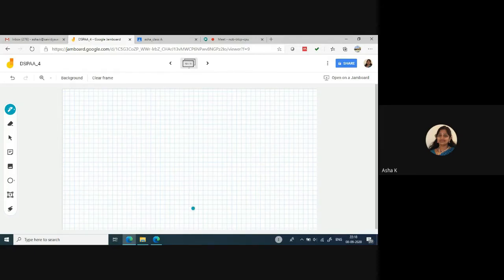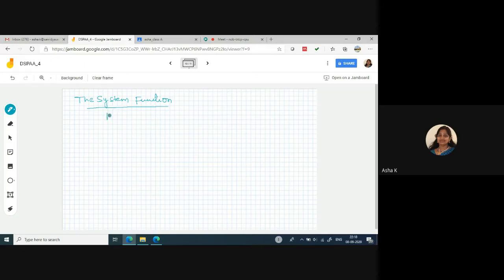Moving on to the system function or the system transfer function. The system transfer function, also called the system function, is defined as the ratio of the z transform of the output y of n to that of the input x of n.